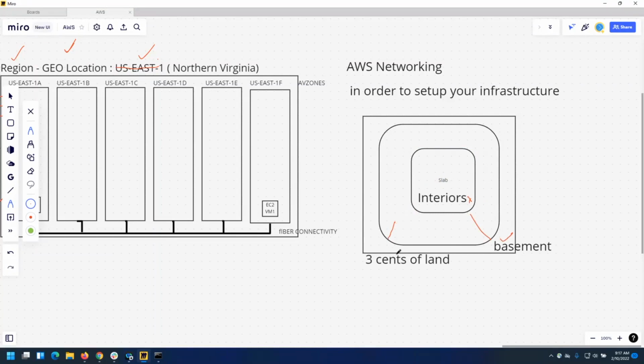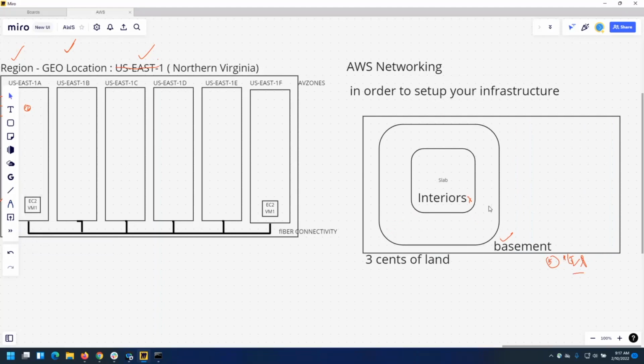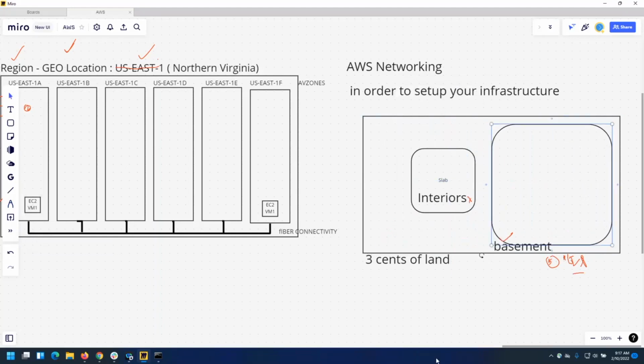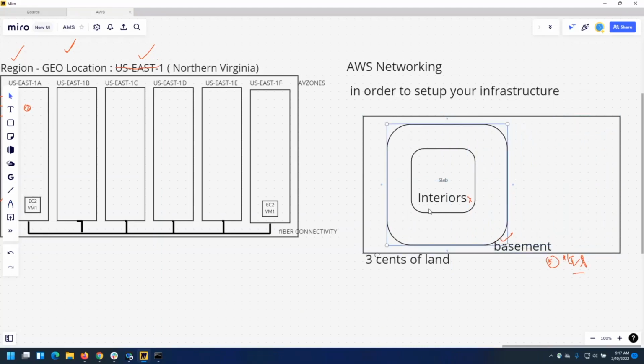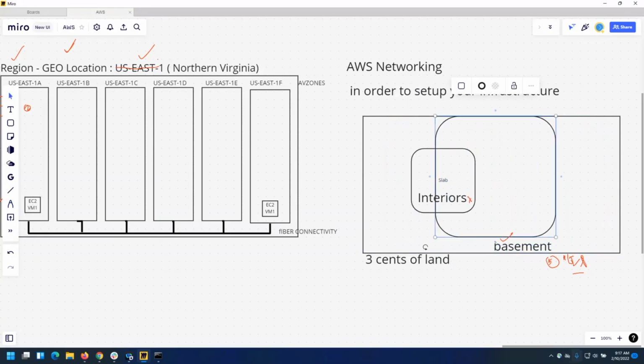Now, what if you got an adjacent land of 5 cents at half price? Still, the problem is you can't move your base from here to there. Can you move your home by 10 inches after constructing? You can move your interior anywhere in the home, but you can't move your base by half an inch.